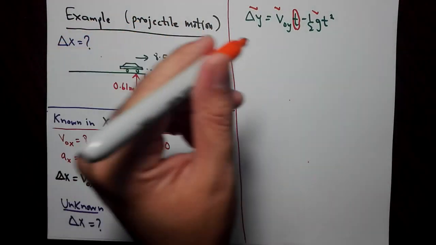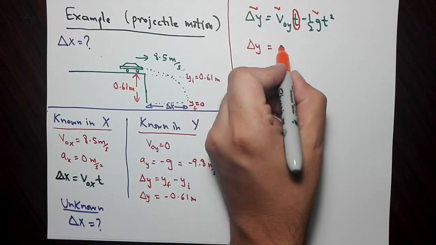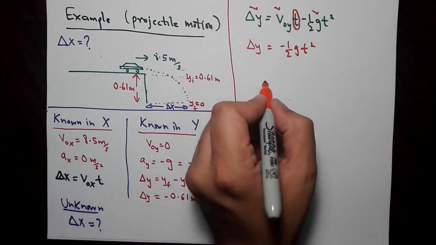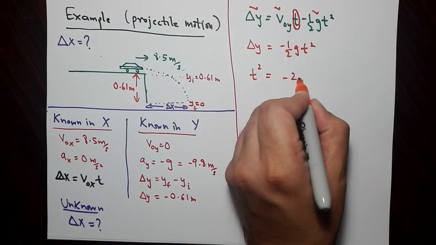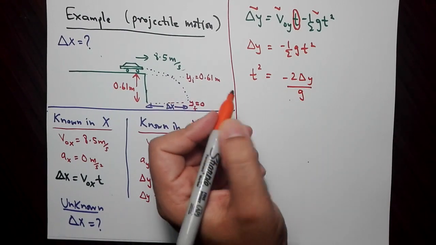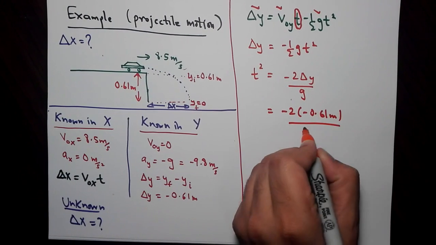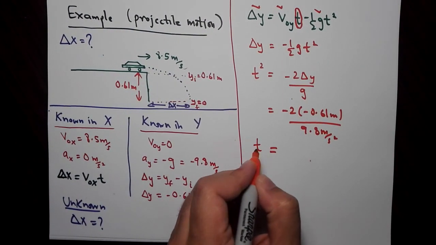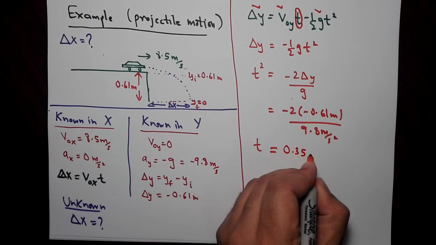So we can use this equation, and since v naught y is 0, this just gives us delta y equals negative half g t squared. So you get t squared equals negative 2 delta y over g. That's negative 2 times negative 0.61 meters divided by 9.8 meters per second squared. If you plug in and take the square root, you get 0.35 seconds.